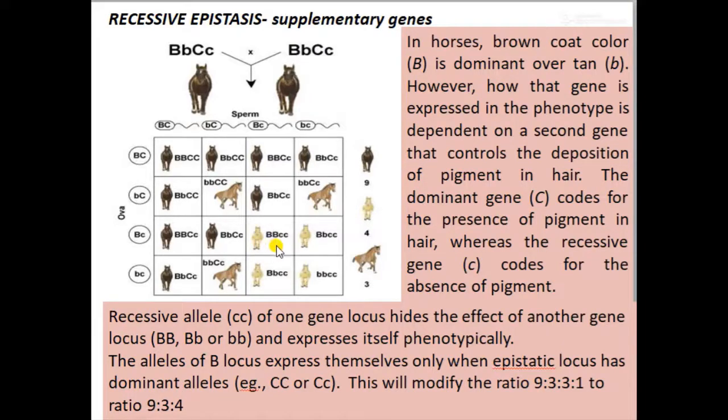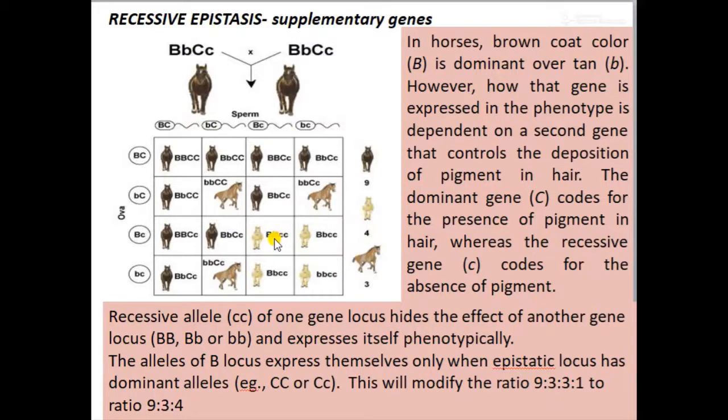So, in spite of the fact that the capital letter B, brown coat color, should be present, when the small letter c was present, the dark brown color was not found in the horse. You can see this in the tan one. Look at this example over here also. The capital letter B is over here, the dark brown color is not obtained. And here also.